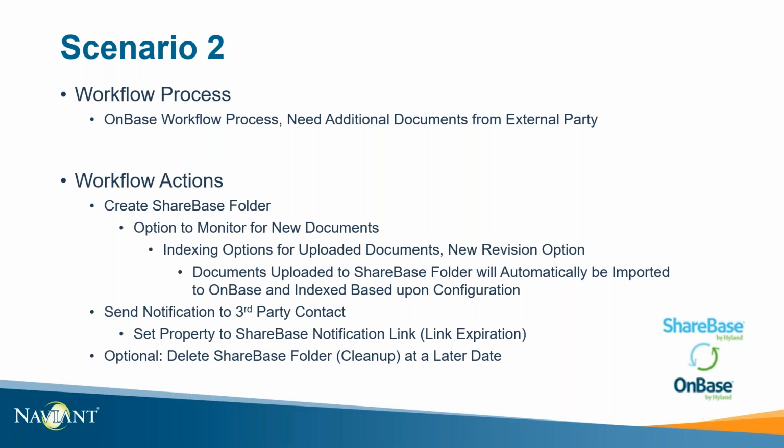As we create that ShareBase folder, there is an option to monitor that folder for any new documents. And there are indexing options. I don't want to get into all the details here. We can actually bring in that document and store it as a new revision if you have revision control turned on for that particular document type.